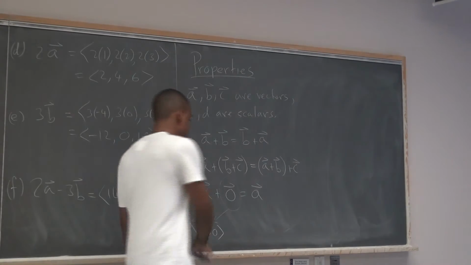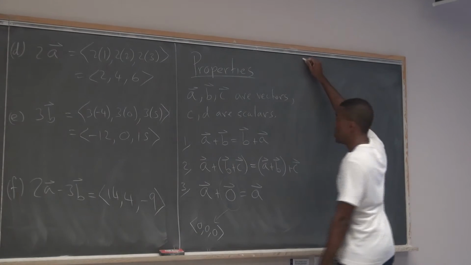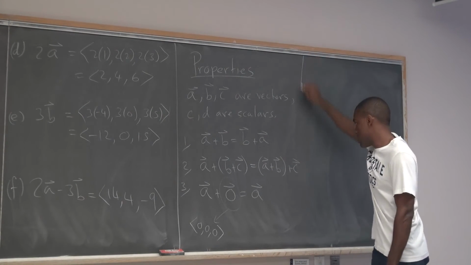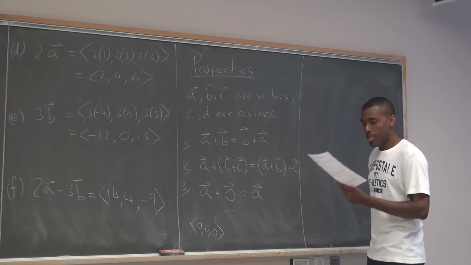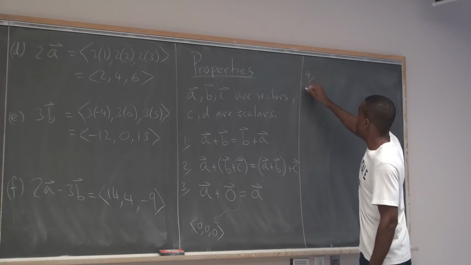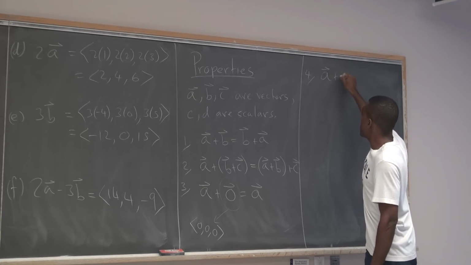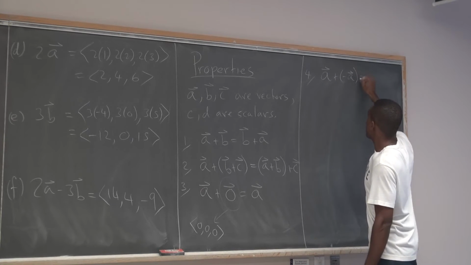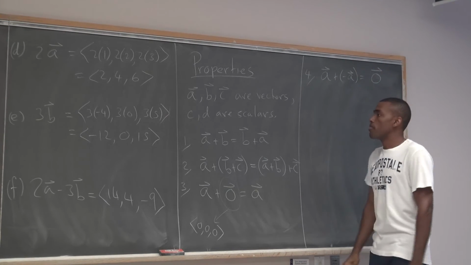There are contexts in which that's not the case, although if you're not a math major, you probably won't study things like that anyway, but just want to point that out. Or, if you take A plus the negative of A, the result is the 0 vector.